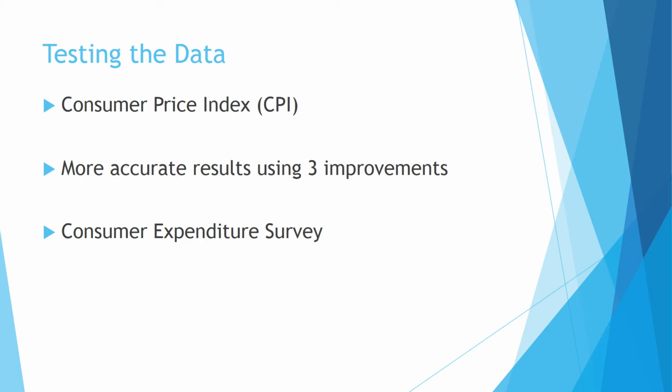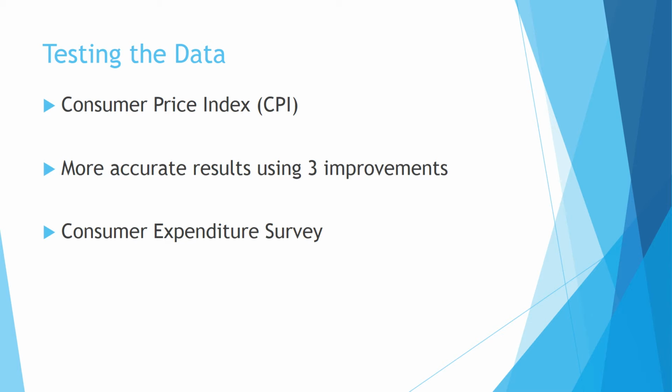The CPI needed more accurate results, so in 2002, there were 3 related improvements that included extending the use of the computer-assisted data collection system in pricing all commodity and service categories, increasing the sample size of the Consumer Expenditure Survey, and beginning biennial weight updates.